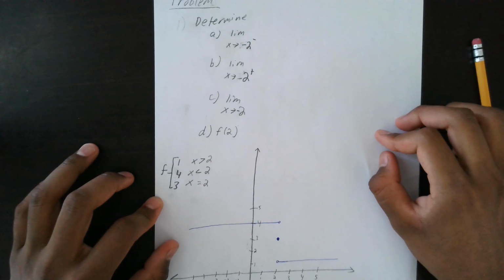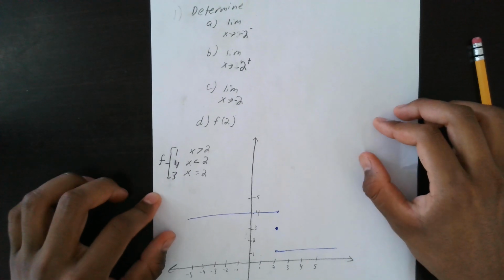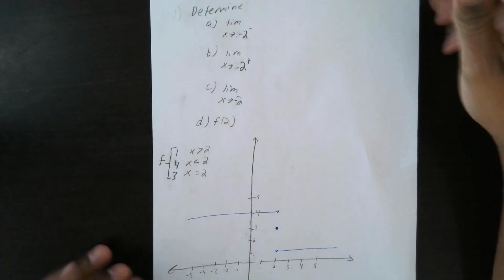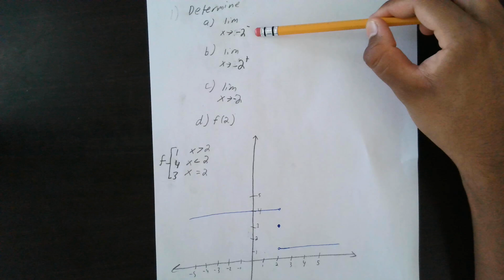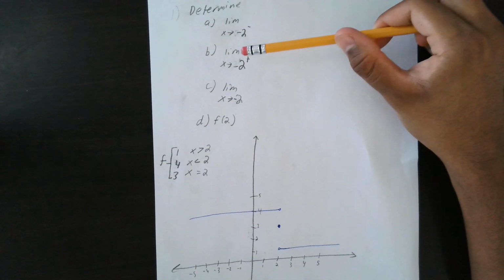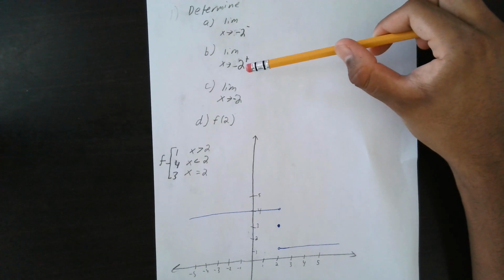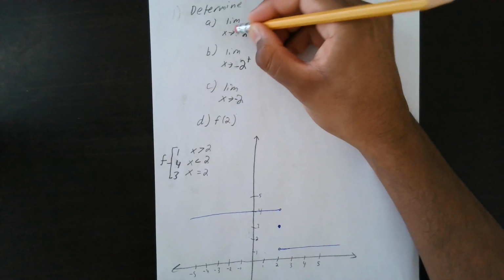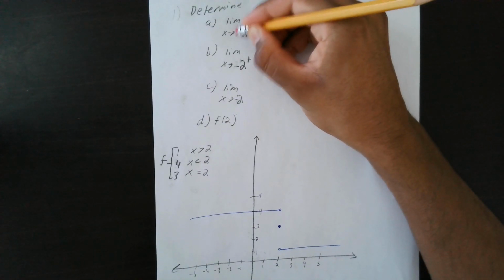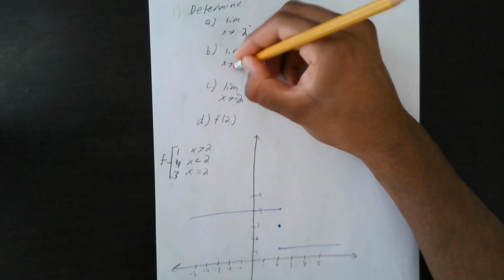Just one problem for today. I want you to determine the limit as x approaches -2 from the left side. I'm so sorry, I meant to write +2. Fix that.